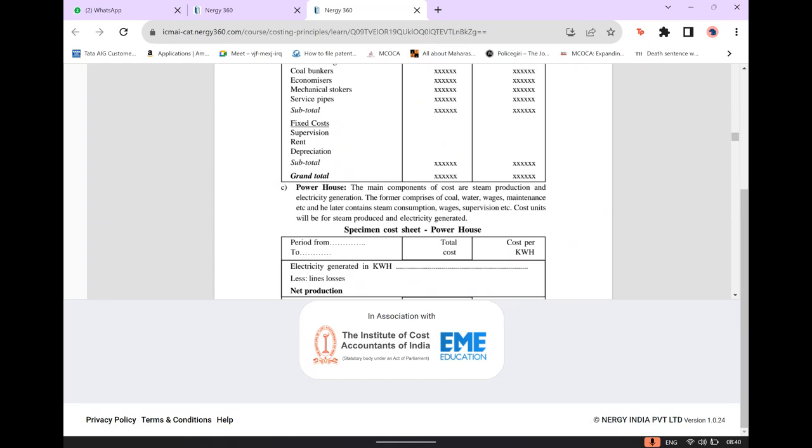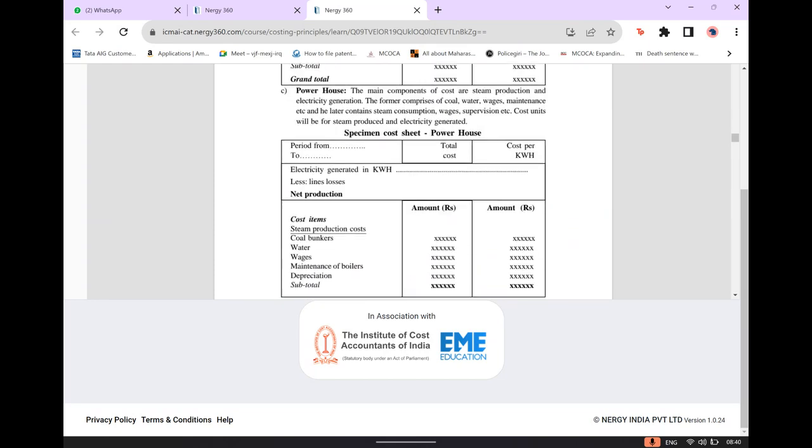Then next, we are moving on to the powerhouse. The unit of measurement will be kilowatt hour. They can ask you the unit of measurement of an electricity production company will be dash. The answer is kilowatt hour. So remember the cost unit for each: for a shirt, it will be meters.